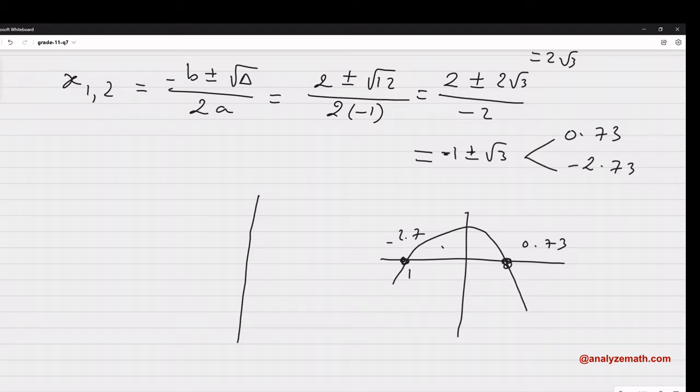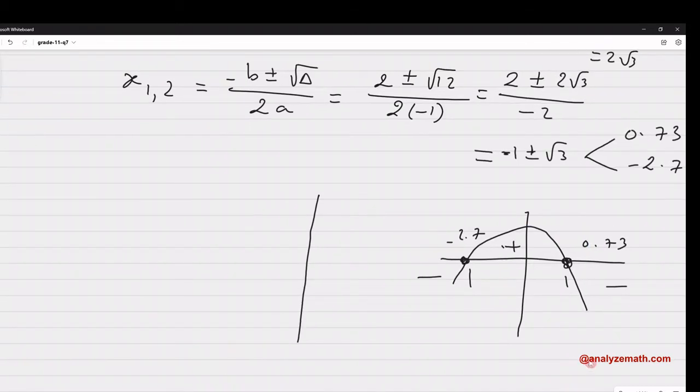So between the x-intercepts, the graph is above the x-axis, therefore the y is positive, and here it is negative. So this is the graphical approach. I can also do this.